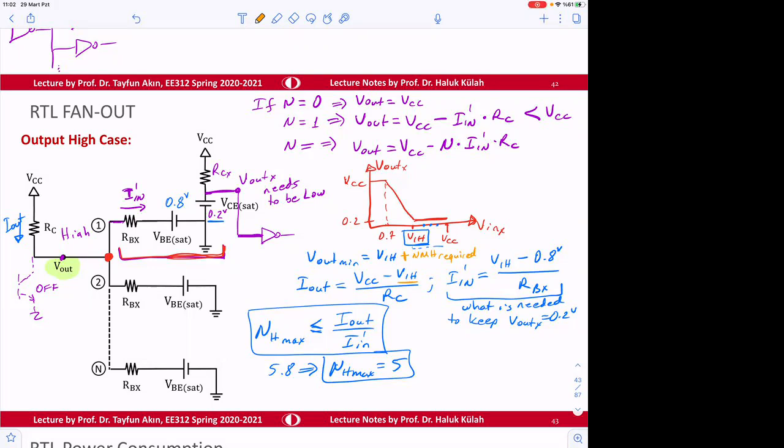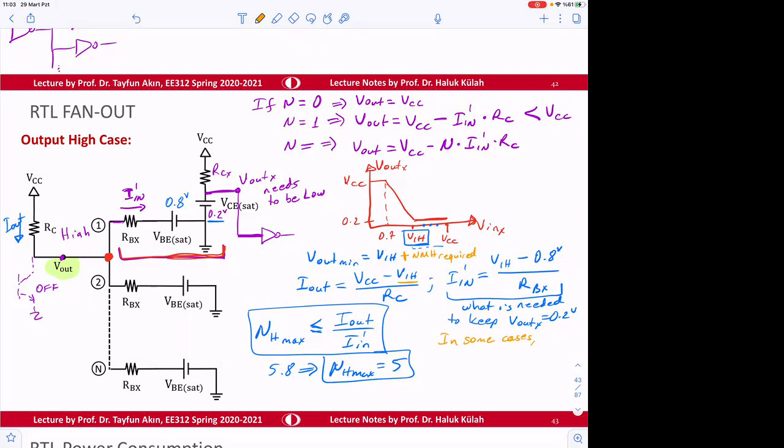Okay. In some cases, the designer says, I don't want to go down to the input high, just to be in the safe region. I want 1 volt larger than that.